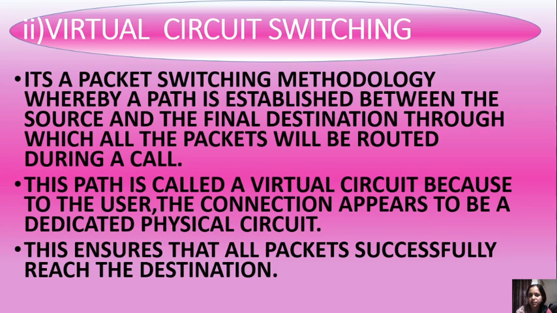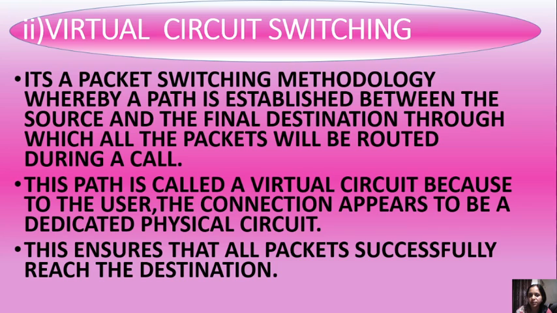We can say this connection or path will be a dedicated line from source to destination. This ensures that all packets successfully reach the destination safely, because this virtual circuit is a connection oriented network type.